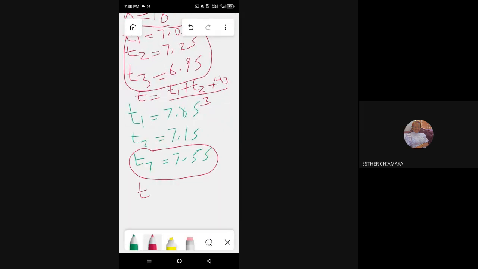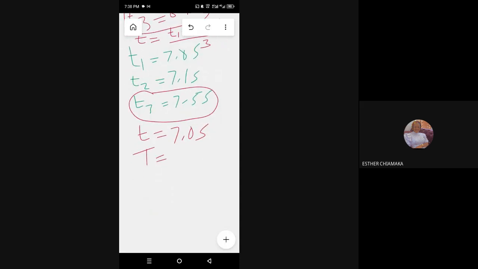So now, how do we calculate the period? What's the formula for period? 1 over F. We don't have F. We only have a number of oscillations.